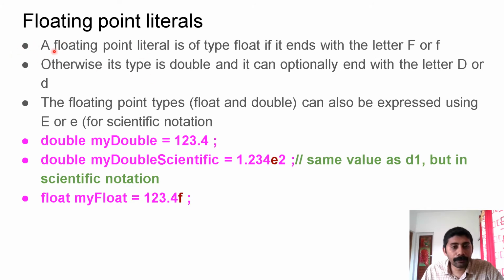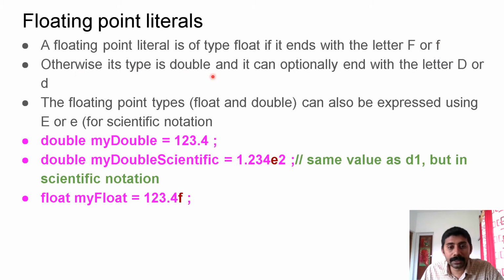Floating point literals. A floating point literal is of type float if it ends with the letter F, whether it is small or capital. It is not case sensitive. If you are adding an F at the end of the floating point value, its type will be float. Otherwise, it will be treated as double.